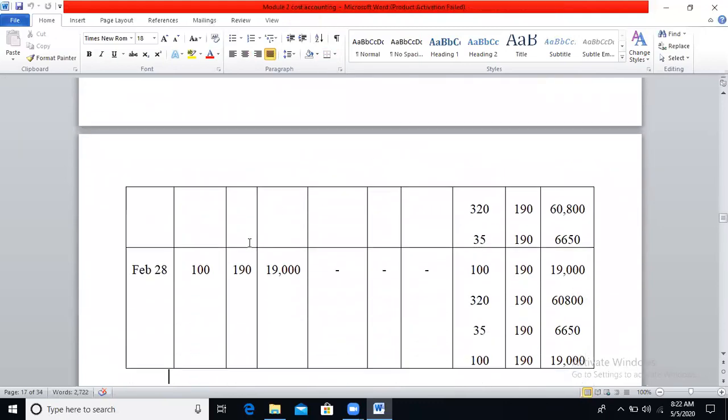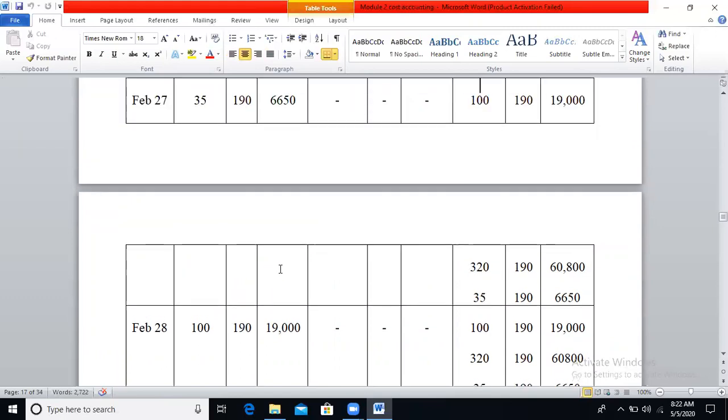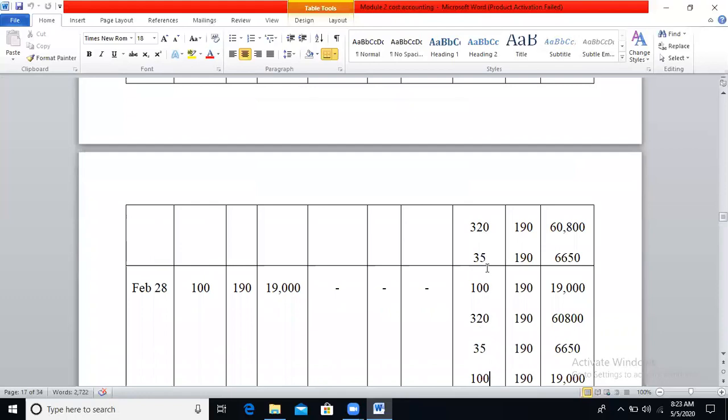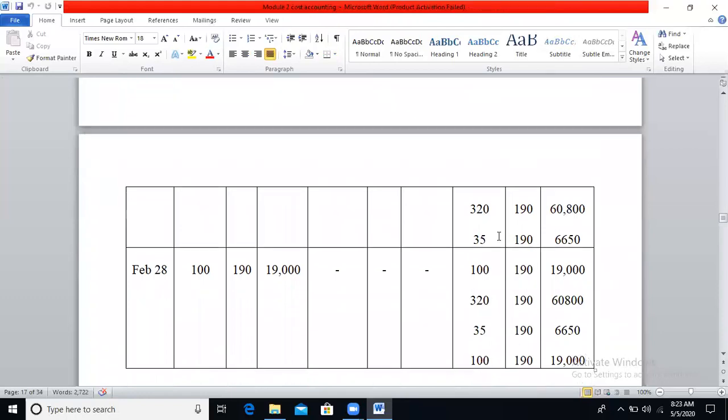So now 100 tons we are receiving, the price will be 190, the total amount will be 19,000. So see the balance column, we still have 100 tons at rupees 190, value 19,000, and 320 tons at rupees 190, value 60,800, and 35 tons returned from the department at rupees 190, value 6,650, and 100 tons at rupees 190, value 19,000.